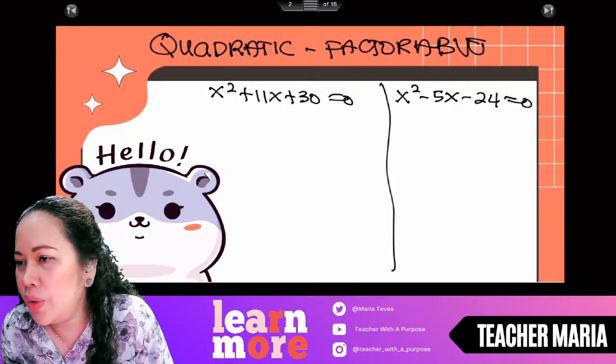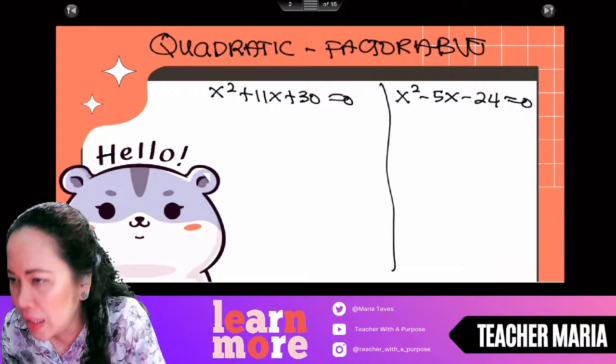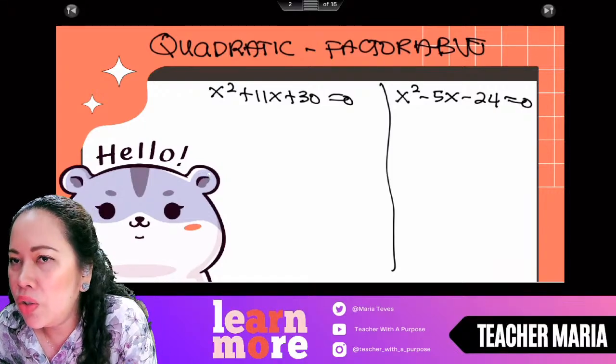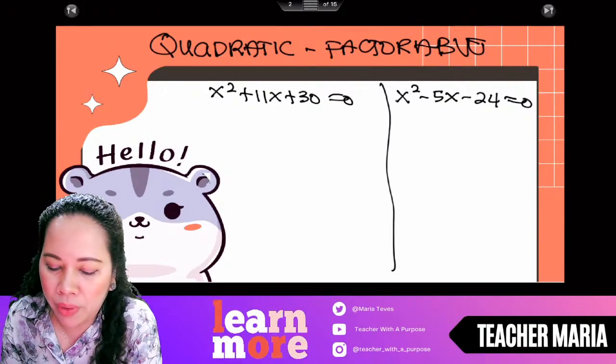So what you need to do is find the factors of 30, and for the other one, 24.